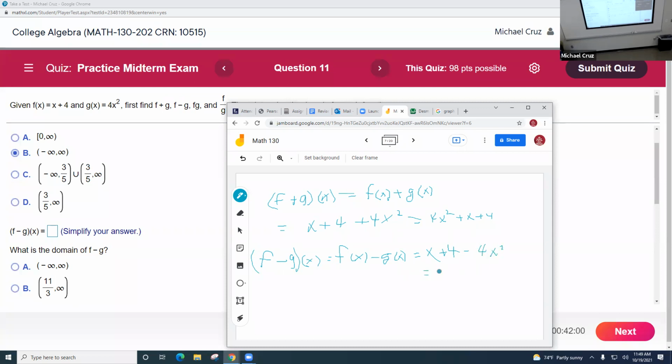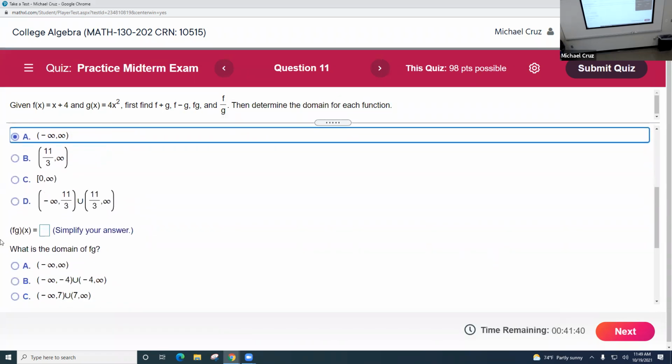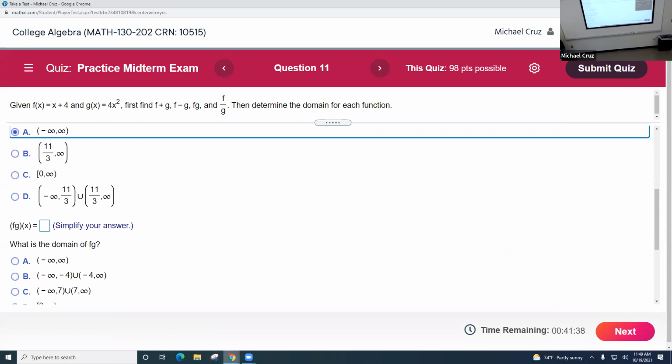So that's going to be negative 4x squared plus x plus 4. So that's what we're doing there. Still no problem with the domain. It's still infinity. This is going to be multiplying the two.